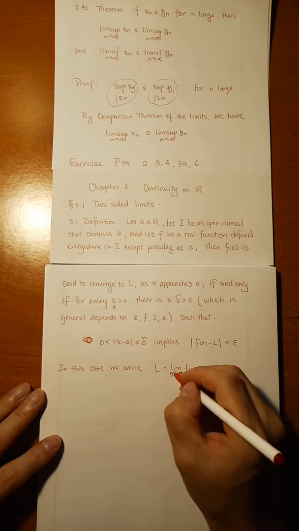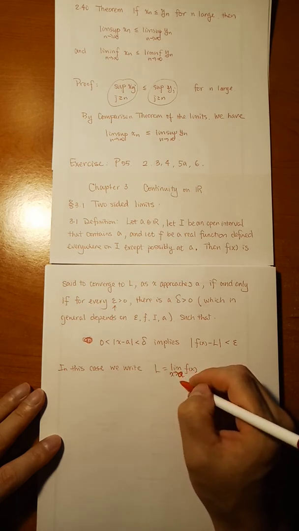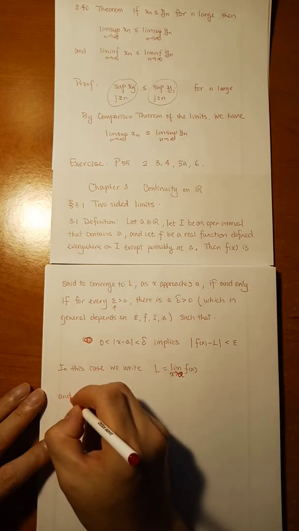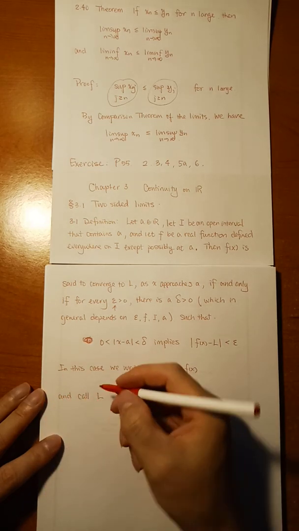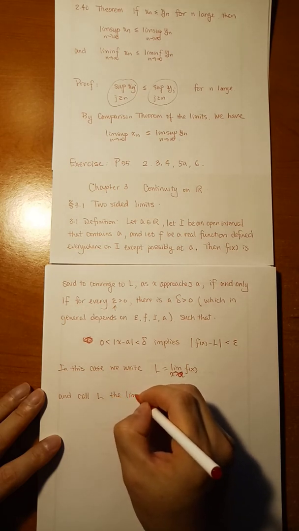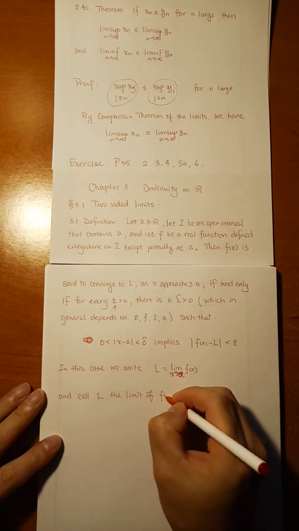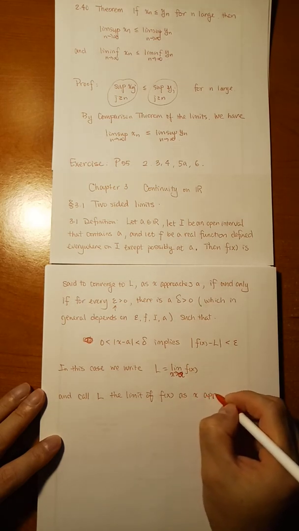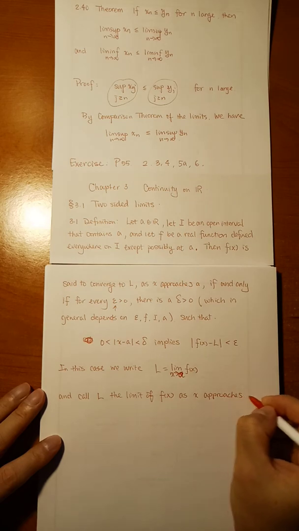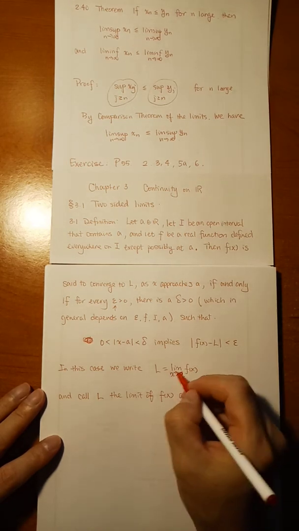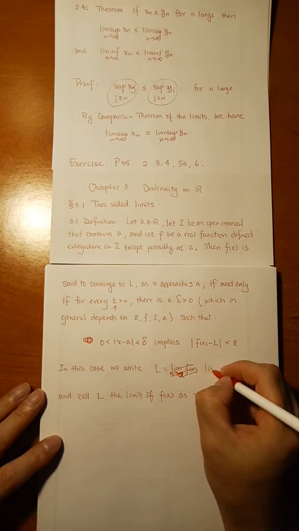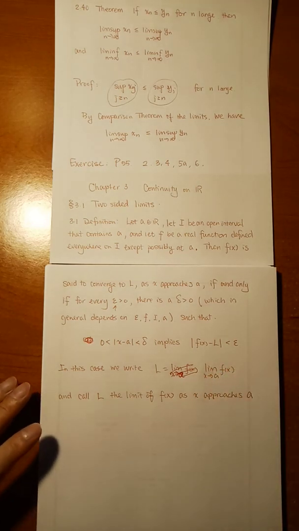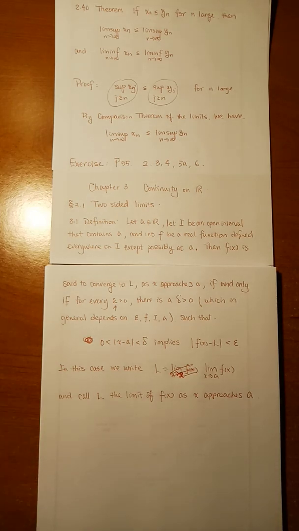We call L the limit of f(x) as x approaches a. Okay, let me write that again. The limit as x approaches a of f(x). The limit of f(x) as x approaches a. Okay, the same thing.